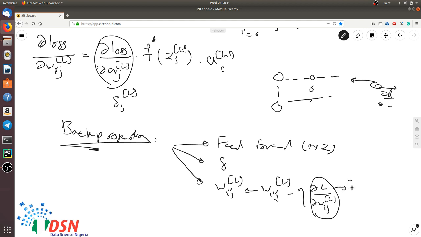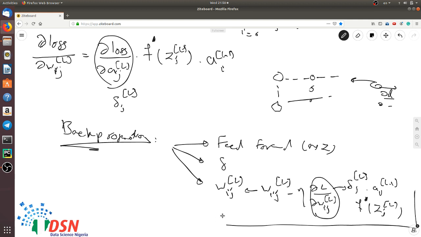It is delta j times ai of L minus 1, or the previous layer, times f prime, which is the derivative of the activation function for the input of zj. Okay, so this is actually how we could adjust the weights in an MLP or multi-layer perceptron.